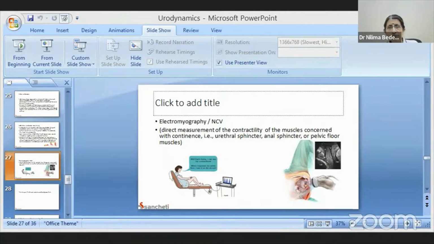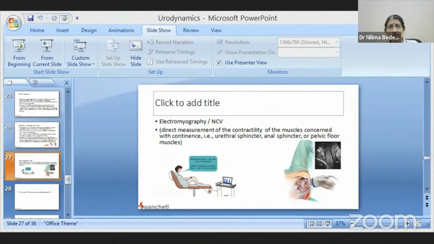At times in the cystometry, the person is asked to cough vigorously and it is checked whether the bladder pressure increases, which means that the bladder is contracted. So that can indicate that there is overactivity. The person's symptoms will also be there, but it will be confirmed on provocation.